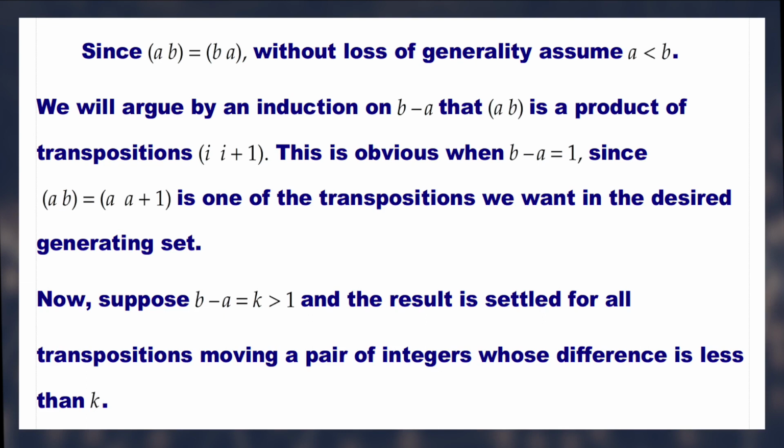Now suppose b minus a is equal to k greater than 1, and the result is settled for all transpositions moving a pair of integers whose difference is less than k.